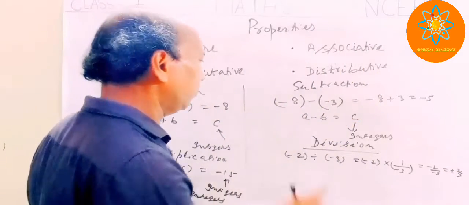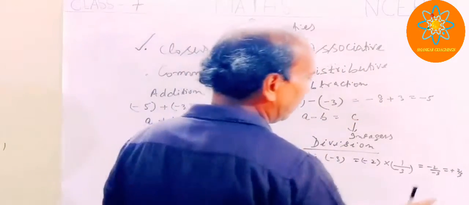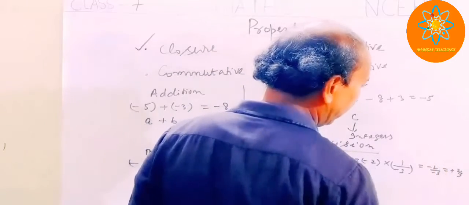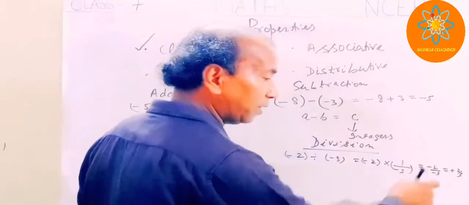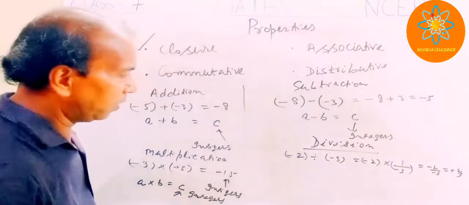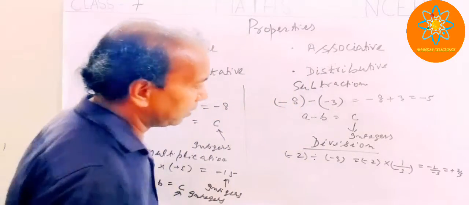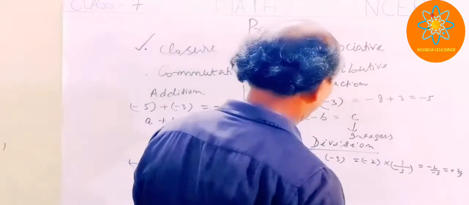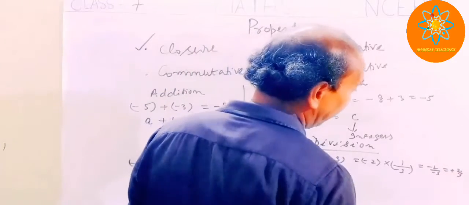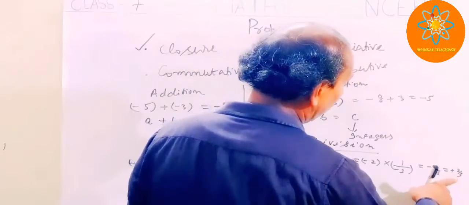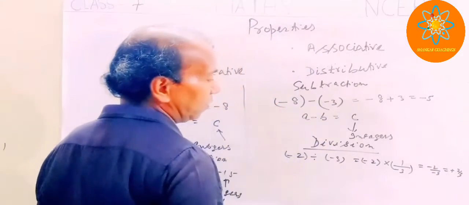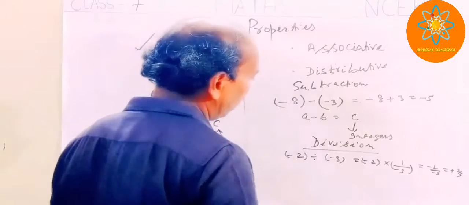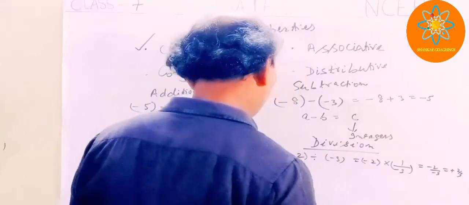See, for c in the case of division, this +2 by 3 is not an integer. Rather, it is a rational number, which we will study in higher classes. If it is a rational number, what does that show? It is not an integer. That shows the closure property for division is not true.